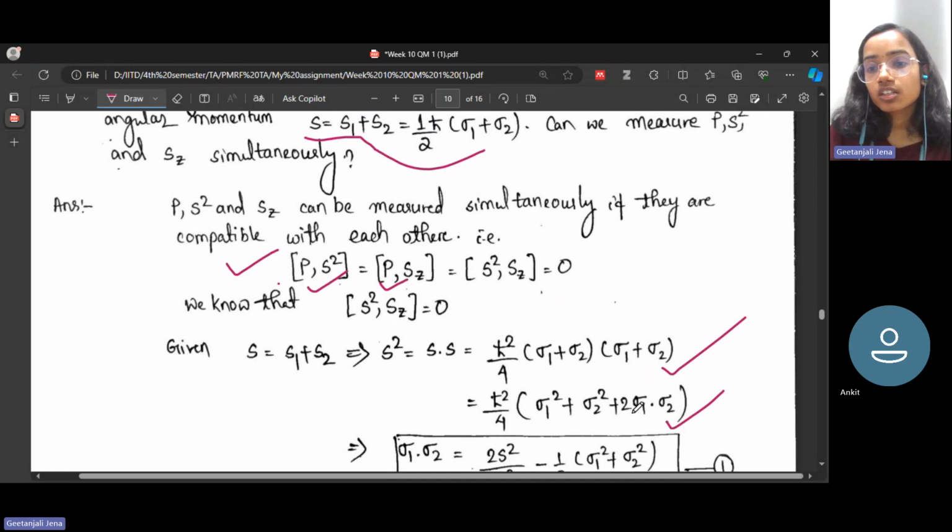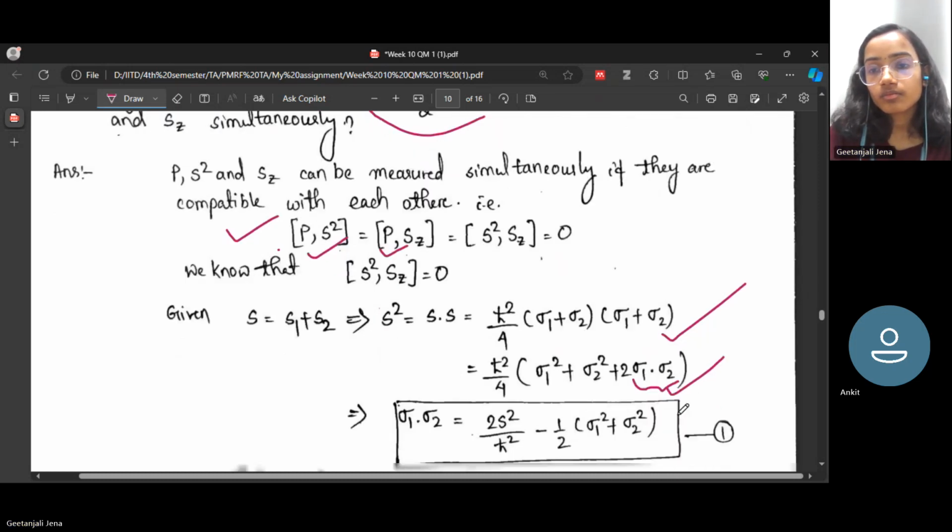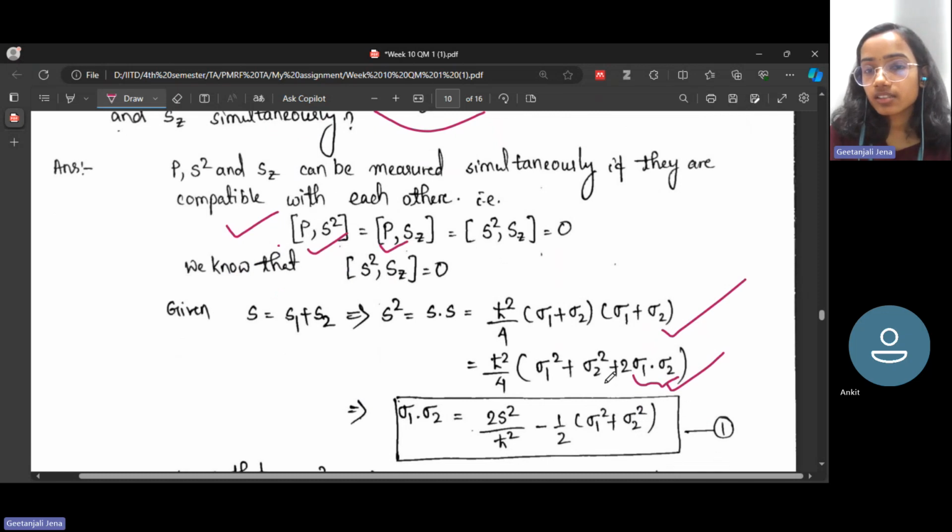Right? So here you are seeing a dot term, sigma 1 dot sigma 2. If you rearrange this expression, you can easily get sigma 1 dot sigma 2, which is 2S square by ħ square minus half of sigma 1 square plus sigma 2 square.